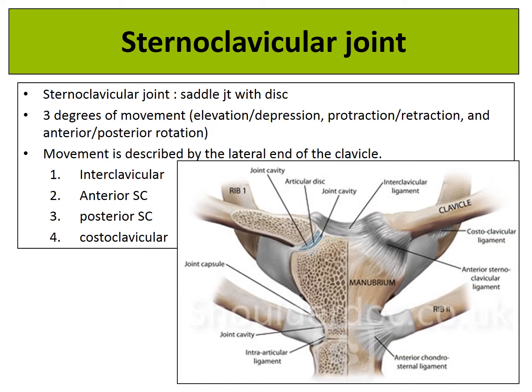The sternoclavicular joint is another joint within the shoulder complex. It is a saddle joint with an articulating disc. It allows for 3 degrees of movement, which are described if we look at the lateral end of the clavicle. It allows for elevation and depression, which occurs during shoulder abduction and adduction, along with the scapular upward and downward rotation.